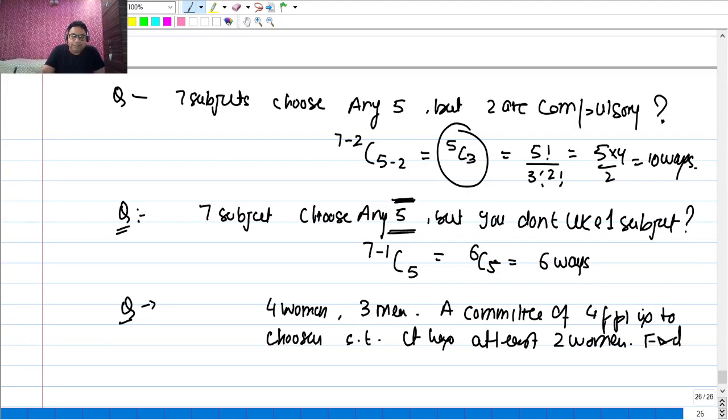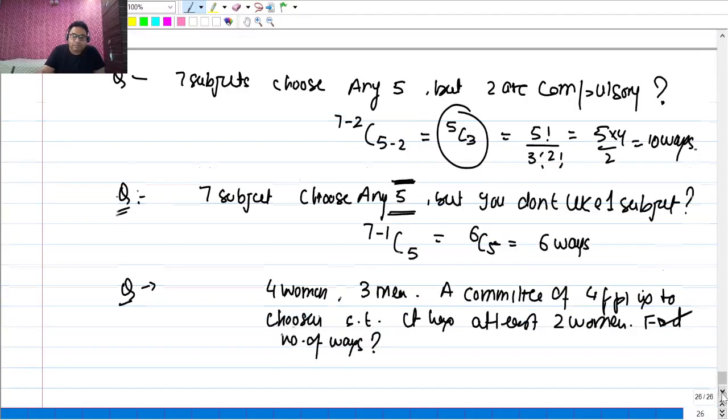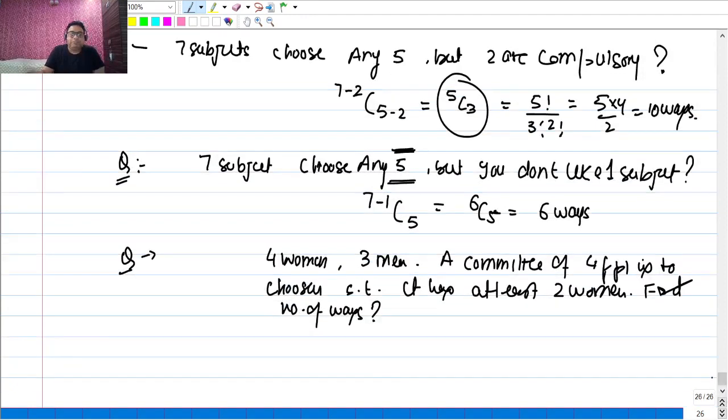Find number of ways. A committee of 4 people is to be chosen out of 4 women and 3 men, such that there are at least 2 women. Find number of ways. Come on. How many? These are all basic questions.